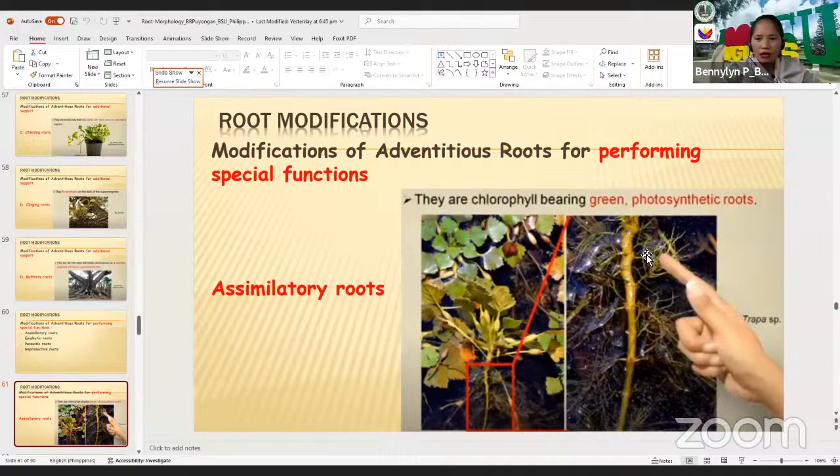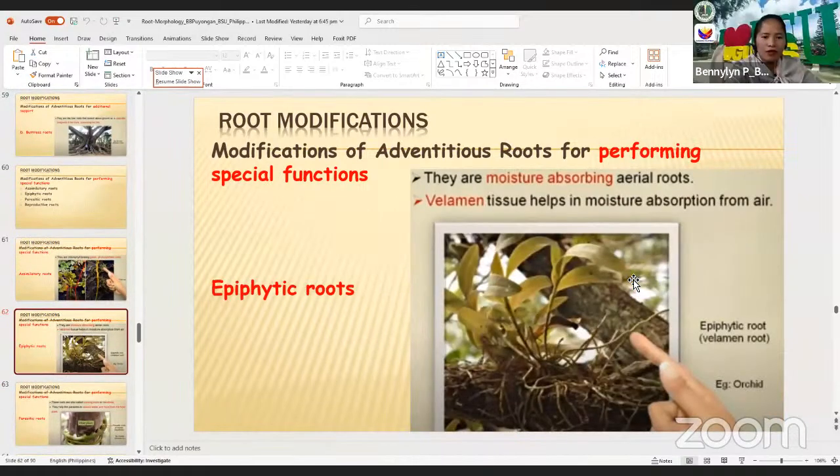So if you take a look at the Trapa sp., these are the assimilatory roots, mostly in aquatic conditions. For the epiphytic roots, recall a while ago, under the modification for clinging, that's the orchid. So it's epiphytic roots still, with its special function.